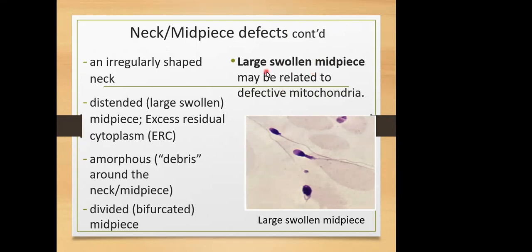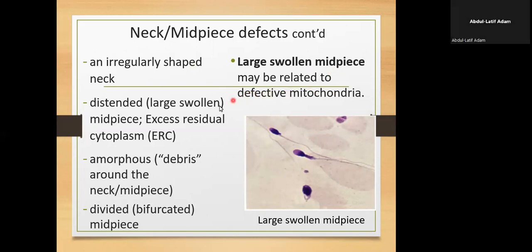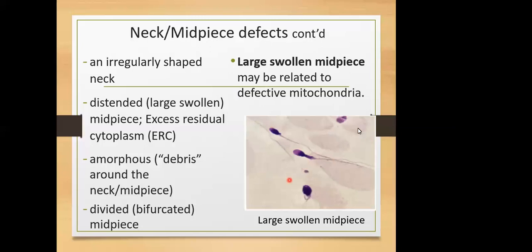So we have large swollen midpiece, which is likely also caused by excess residual cytoplasm or defective mitochondria. And that will mean that the motility of the sperm is going to be compromised. And as we do semen analysis, motility sometimes is even more important, because it describes the quality of the specimen.